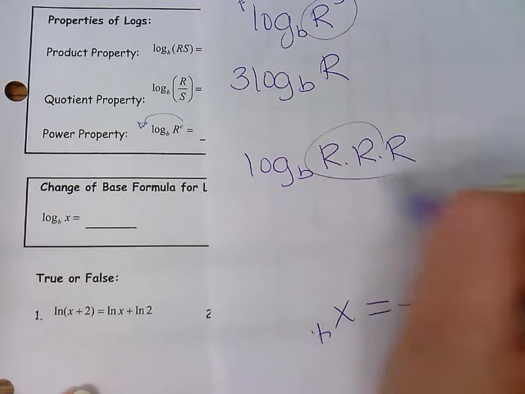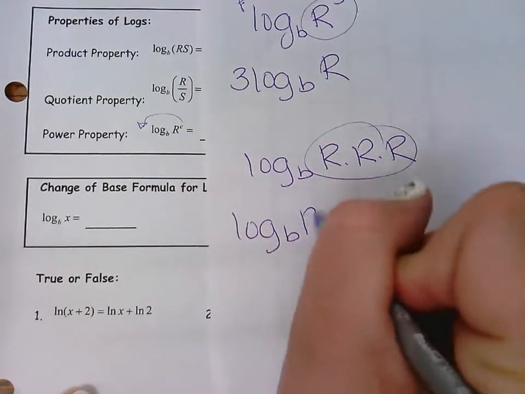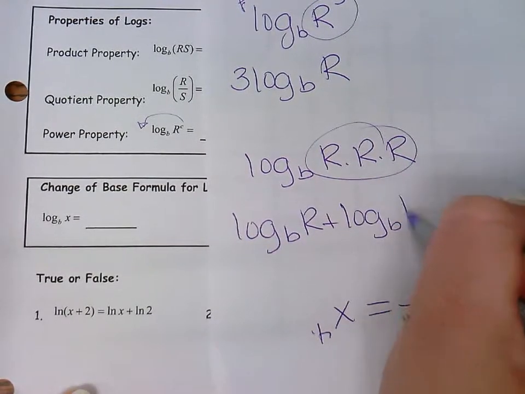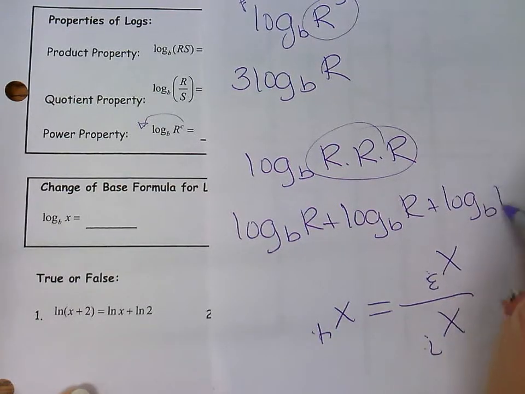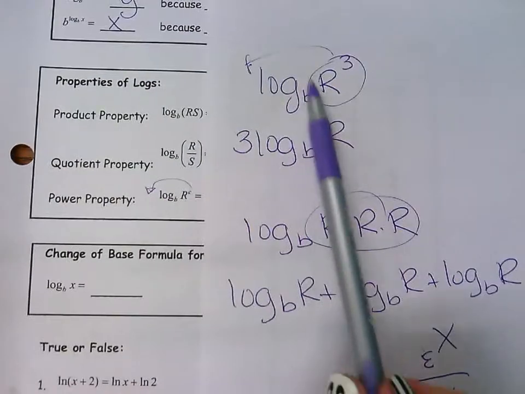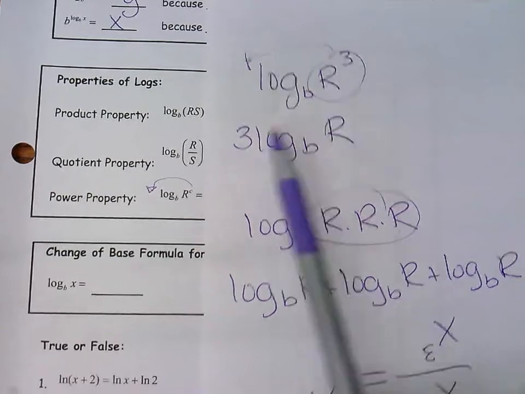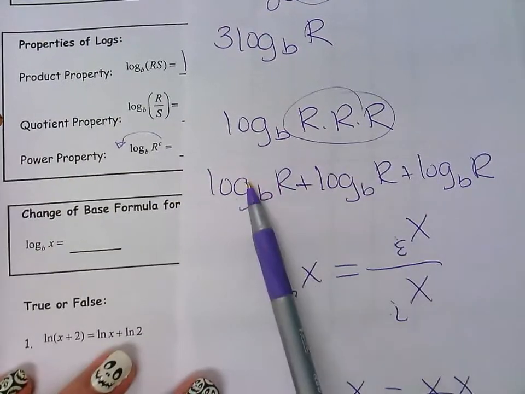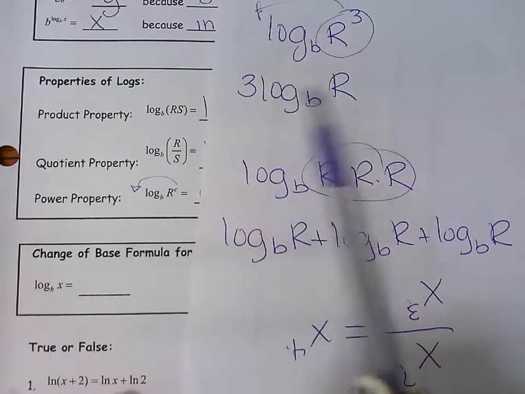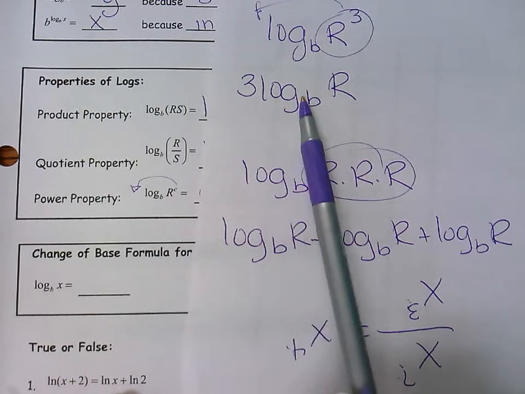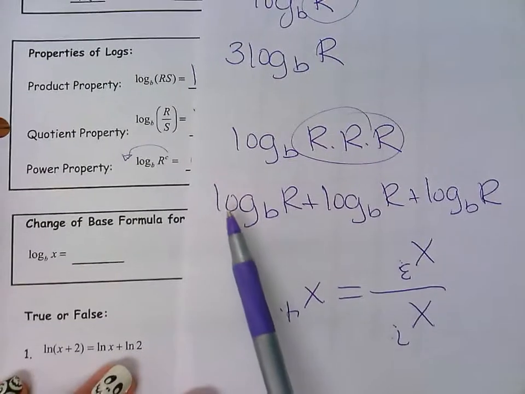And didn't we just learn that with the product property, you're allowed to write them as 3 separate logs? So whether I use the power property as the coefficient or the product property as addition, don't I have 3 of those things, either 3 times the log base b of r, or I'm adding 3 of them together?